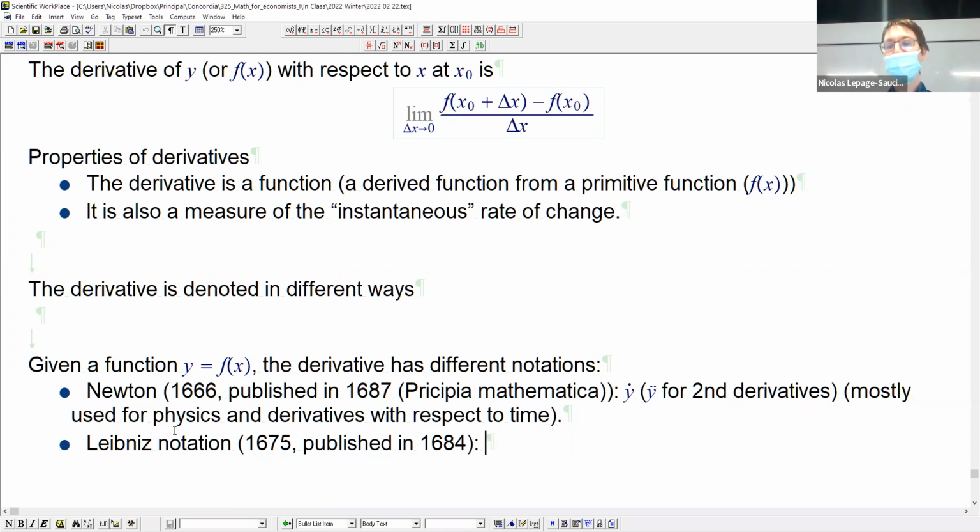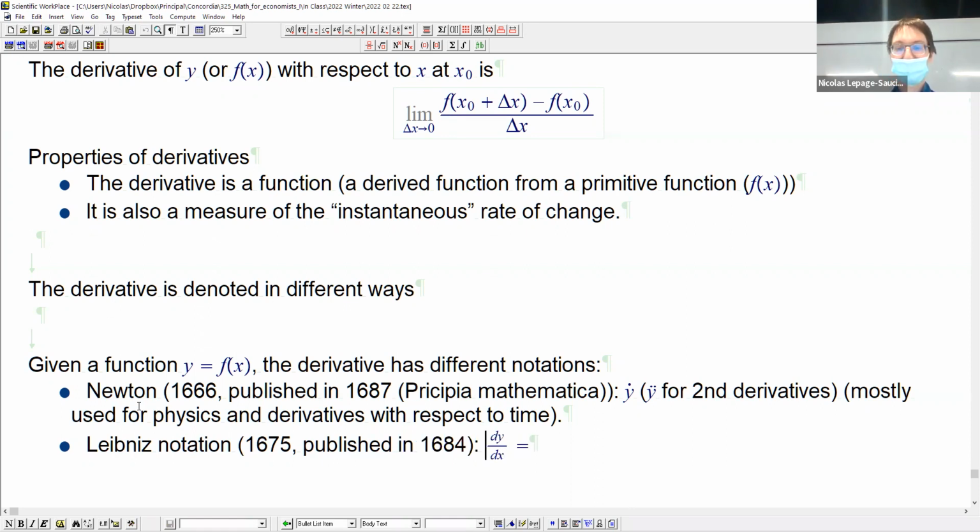They might have shared a bit of work, but the two of them each did much original work. For a very long time in England, they only used Newton's notation, even though it's not a very useful notation, just because they said Newton invented it.